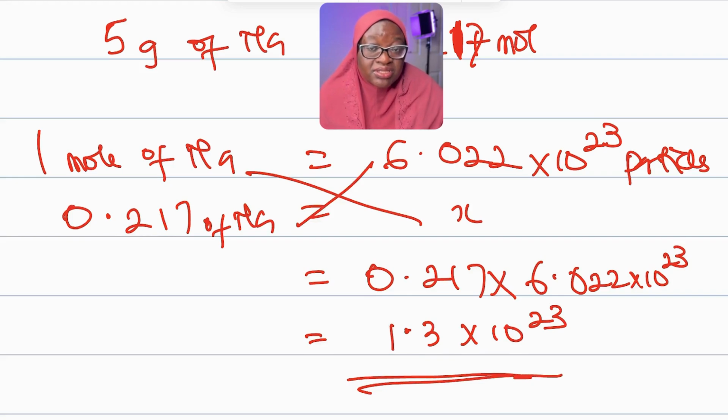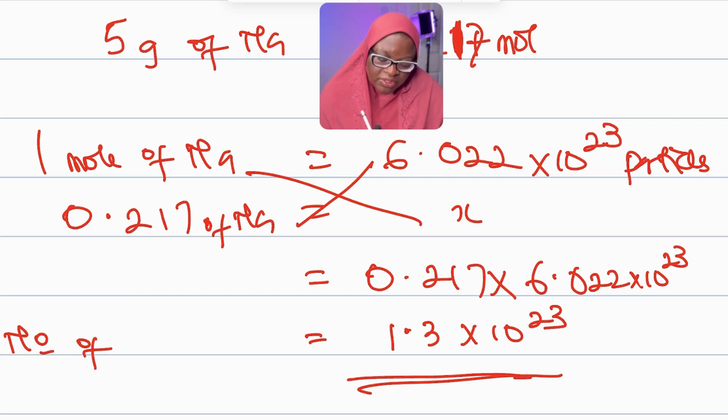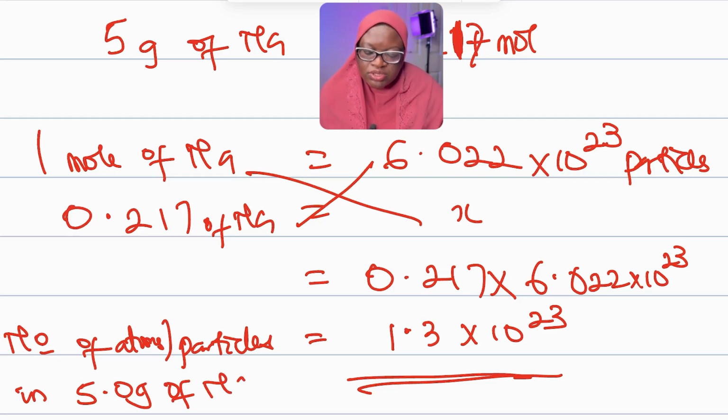Don't forget, this is a unitless parameter. So the number of atoms in 5.0 grams of sodium is 1.3 times 10 raised to power 23.